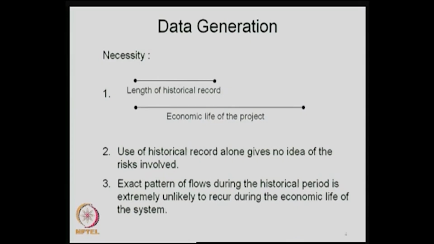The third motivation for data generation is that the exact pattern of the stream flows, or the exact pattern of the record that you have, is not likely to repeat in future. Typically, we talk about the stream flows when you are doing the data generation. So, if you have 30 years of record, this exact pattern is not likely to repeat.